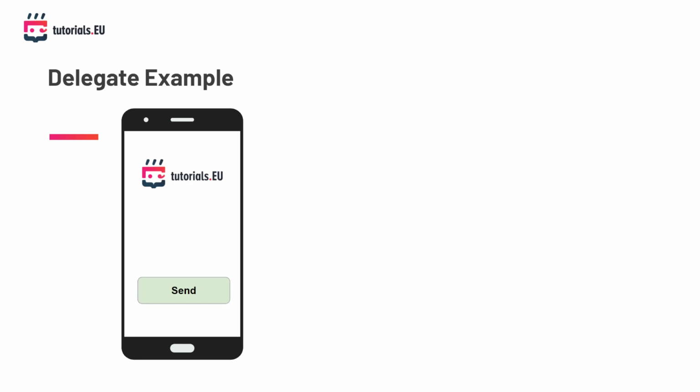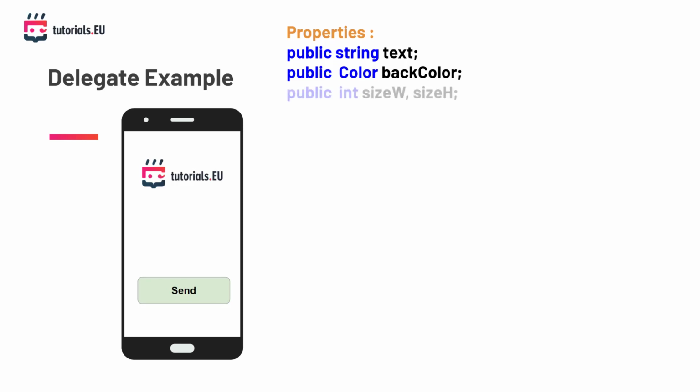If we look at the code behind the button class used to create the green button on the screen, we can see a button like this will have the following properties: a string called text with the value send, a color called backColor, which is somewhat greenish, and of course two ints called sizeW and sizeH for the width and height of the button. Now what is missing here is the method that contains the code that needs to be executed once the button is clicked.